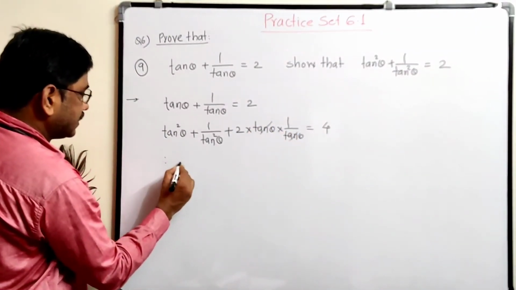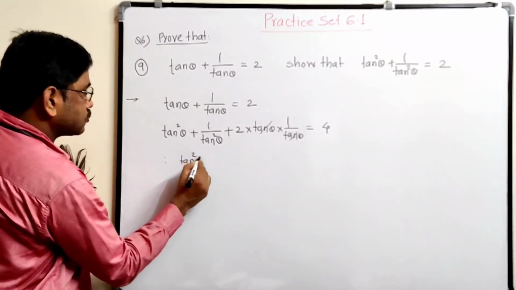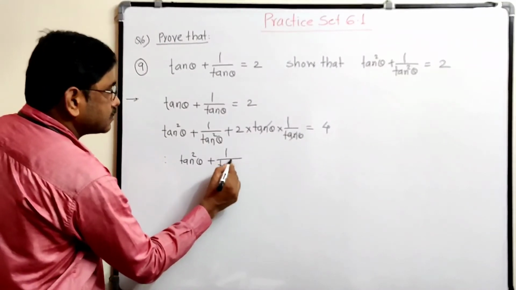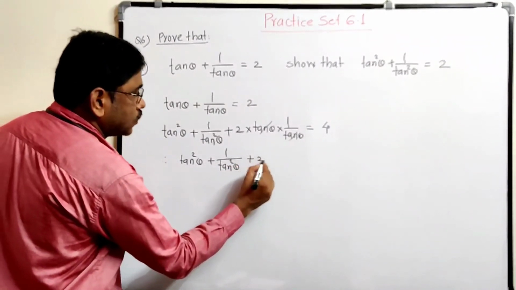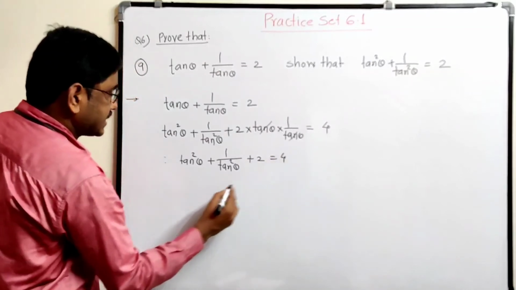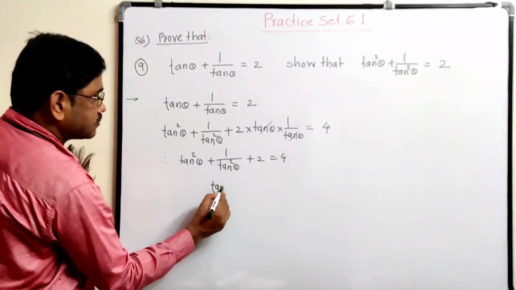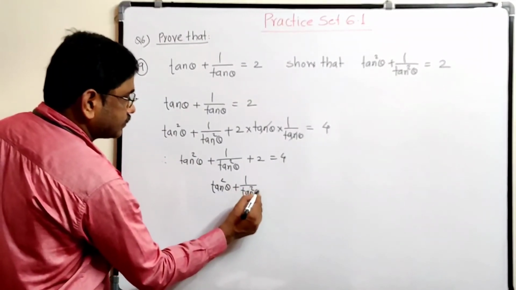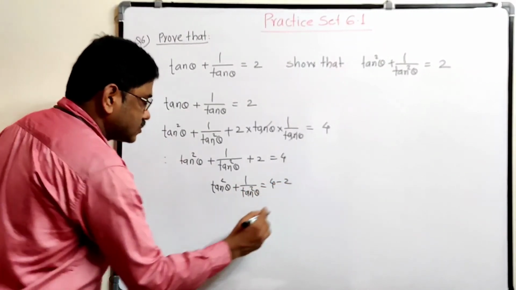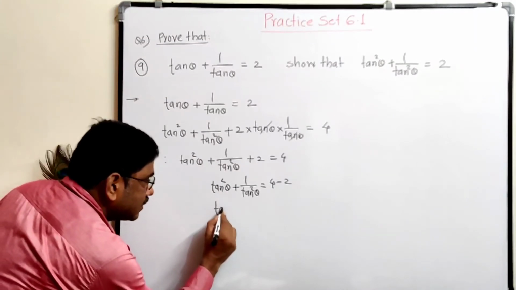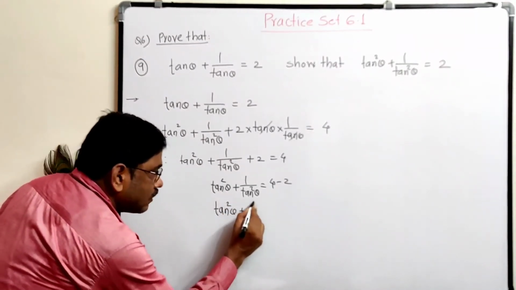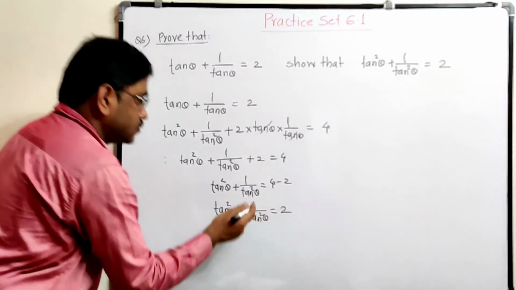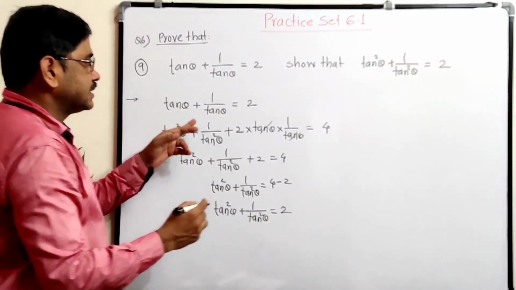So we get tan square theta plus 1 upon tan square theta plus 2 is equal to 4. Now we write this 2 on this side: tan square theta plus 1 upon tan square theta is equal to 4 minus 2. So we get our result: tan square theta plus 1 upon tan square theta is equal to 2. So in this way easily we can prove. Here it is squaring.